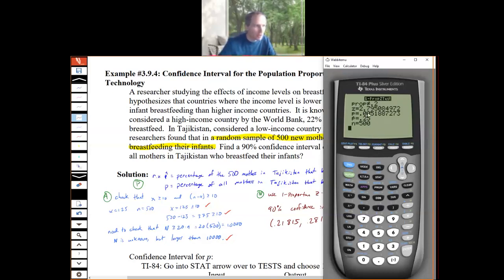Prop Z, yeah. So what you did is, I think that you picked the wrong thing from your menu. This is the one prop Z test. What we want to do is hit stat, tests, and go all the way down to the one prop Z int. It stands for interval. So make sure you hit that one. Otherwise, your input and output is going to look different, and it's not going to give you what you want.